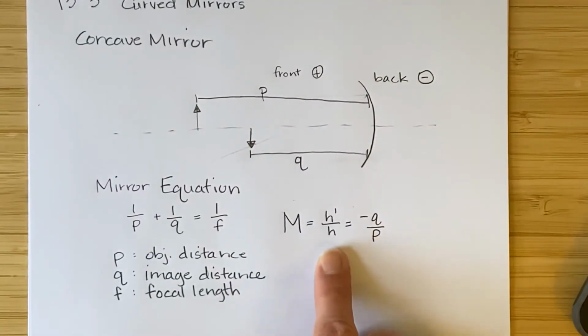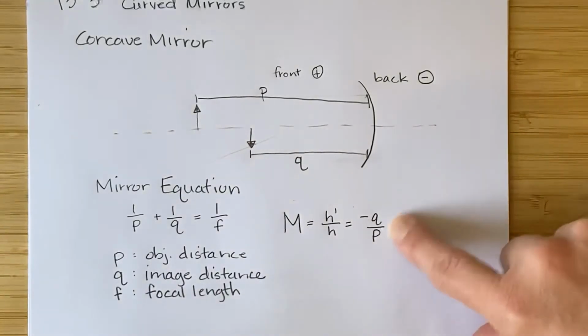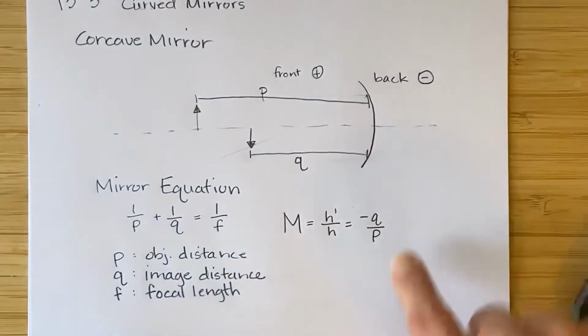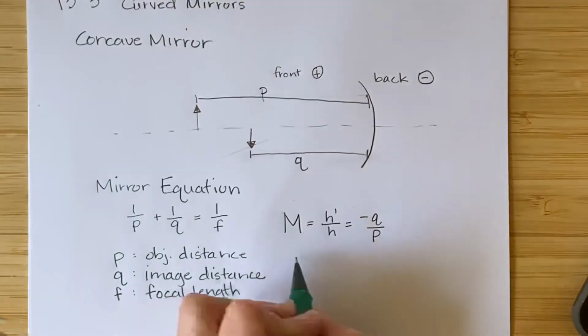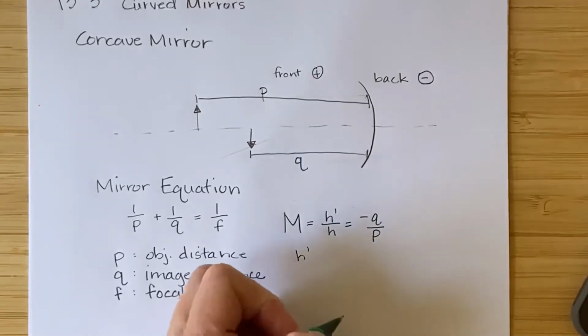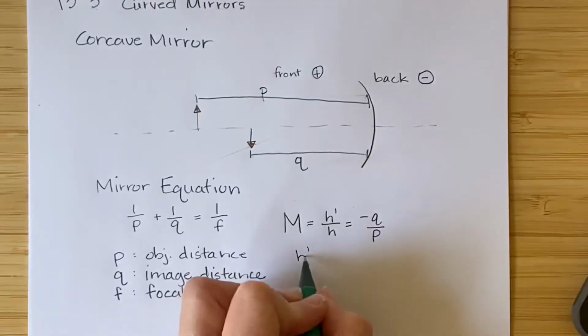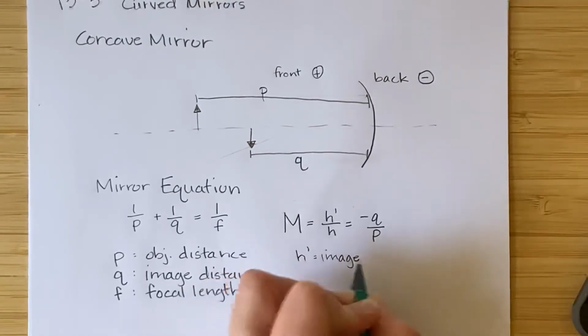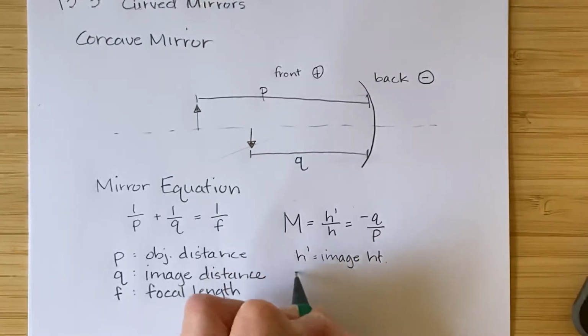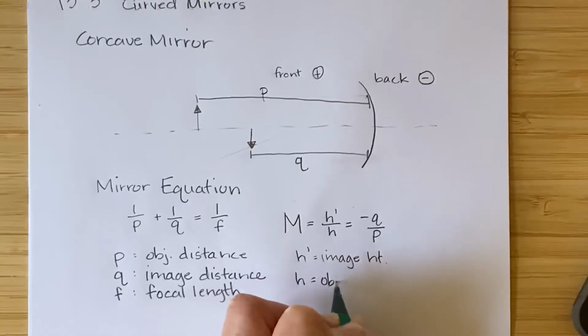We'll write down what those are in a second, but it's a ratio of the distances of the image to the object distance. H prime is the image height. H is the object height.